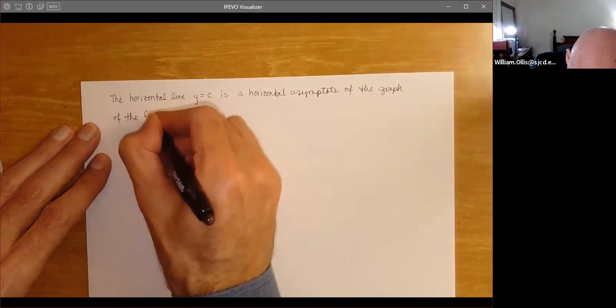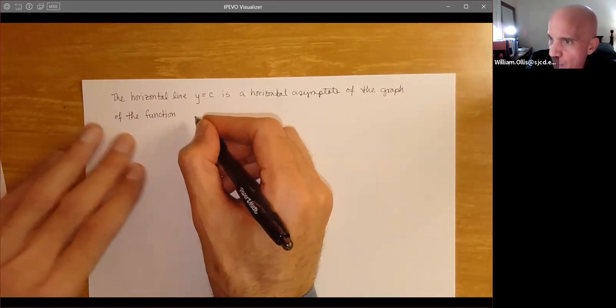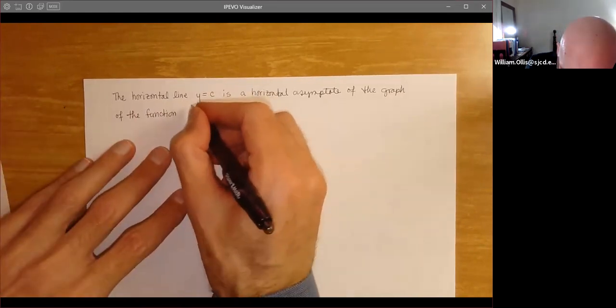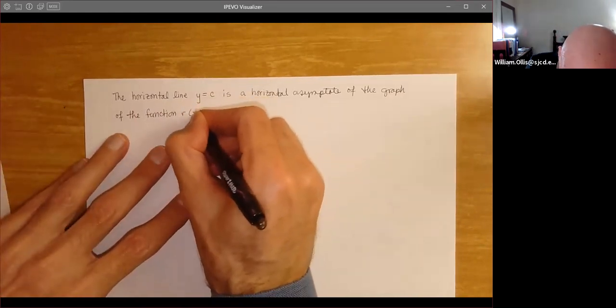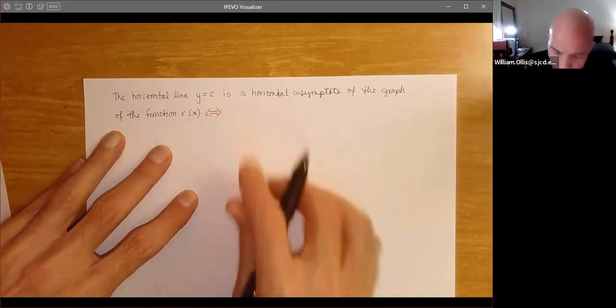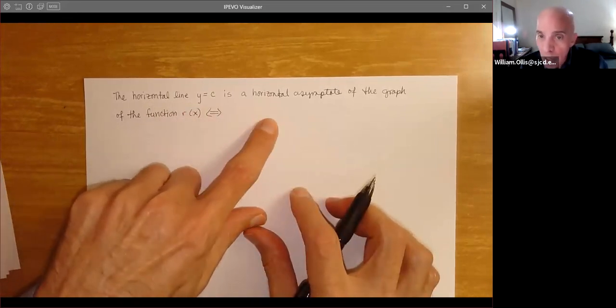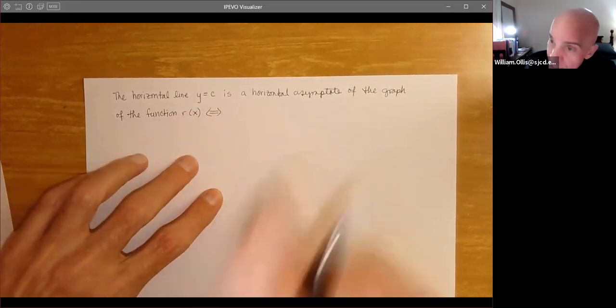And of course, it doesn't necessarily have to be rational. It could be another type of function, but we're studying rational here. So again, let me repeat, the horizontal line y equals c is a horizontal asymptote of the graph of the function R of x, if and only if.